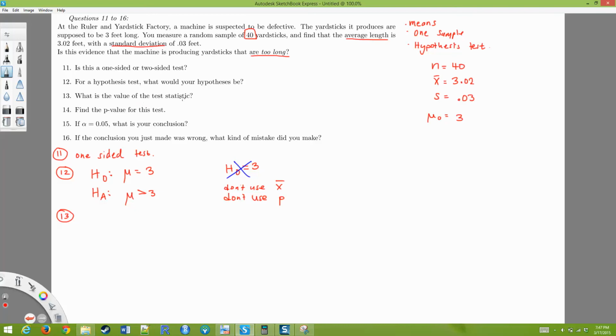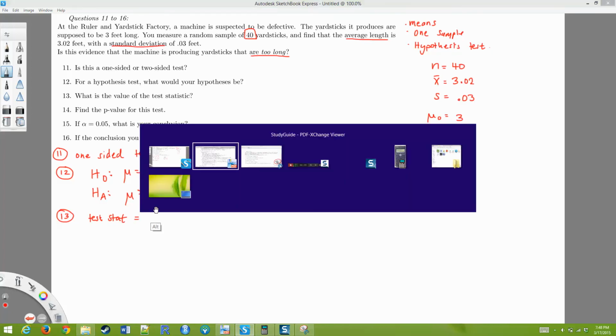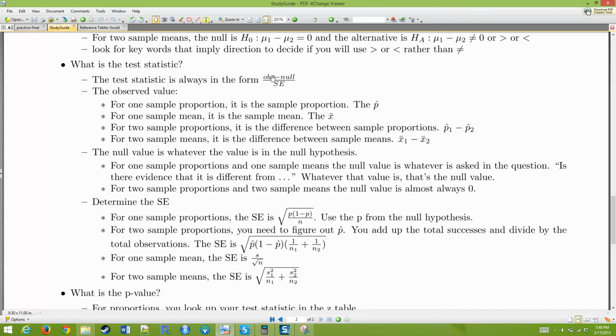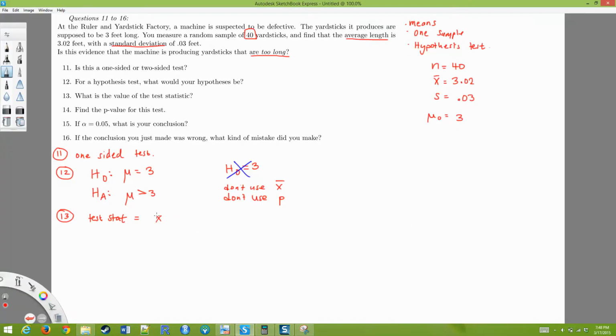Fine. What is the value of the test statistic? Okay, so our test statistic, if we're going to follow the study guide, it says observed minus null divided by standard error. Okay, so for one sample mean, the observed value is x bar. So we're going to do x bar minus what's in the null, which is 3, divided by the standard error.